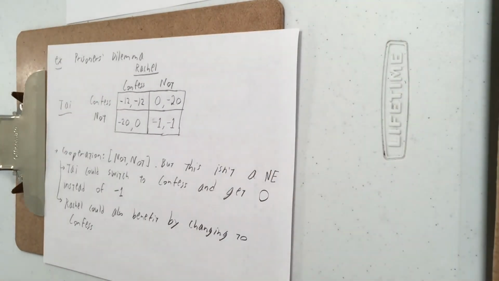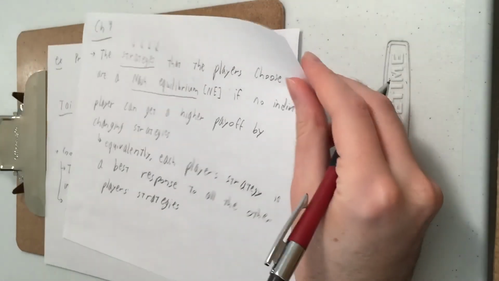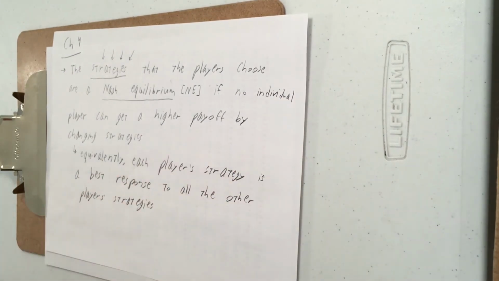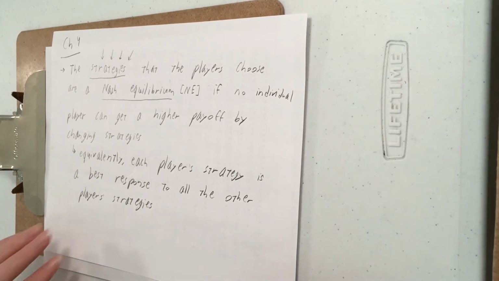Oh, but first, one more example. So I mentioned in my definition that to be a Nash equilibrium, it means that no individual can get a bigger payoff from changing strategies. It's okay if changing strategies gives you an equal payoff. Let me show you an example of that.